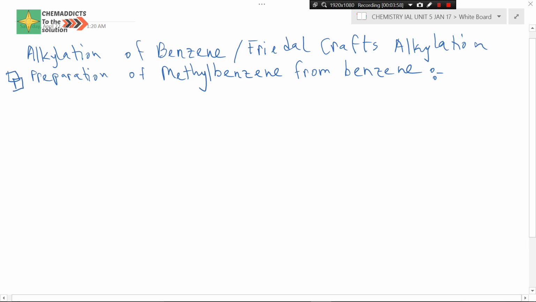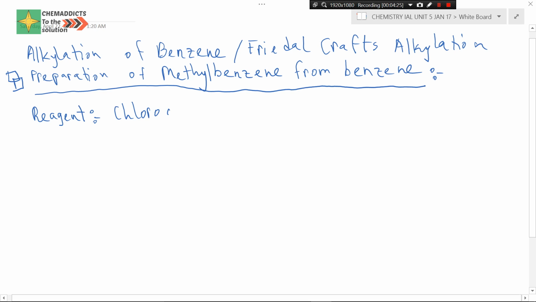Here we are talking about preparation of methylbenzene from benzene. This method is called alkylation of benzene or Friedel Crafts alkylation. The reagent required for preparing methylbenzene from benzene would be basically a chloroalkane, or chloromethane in this case.